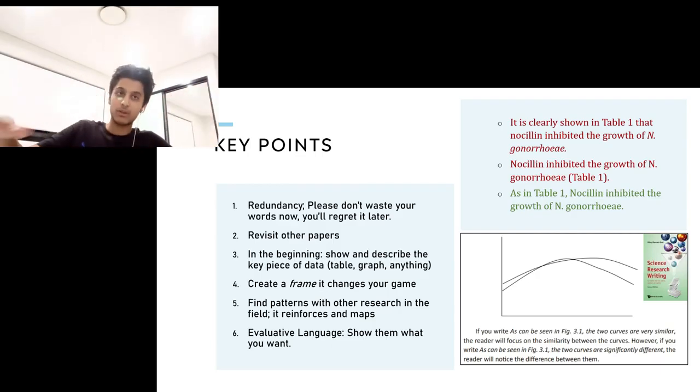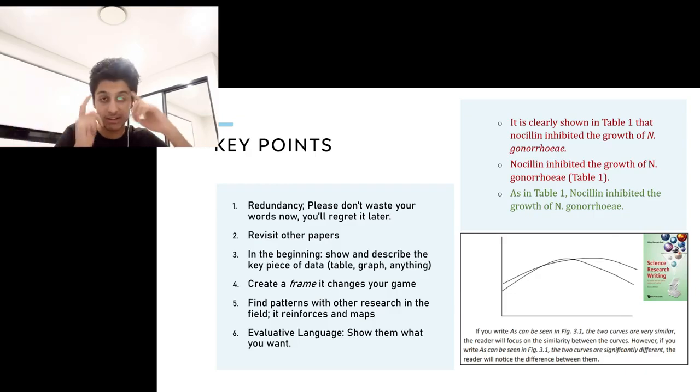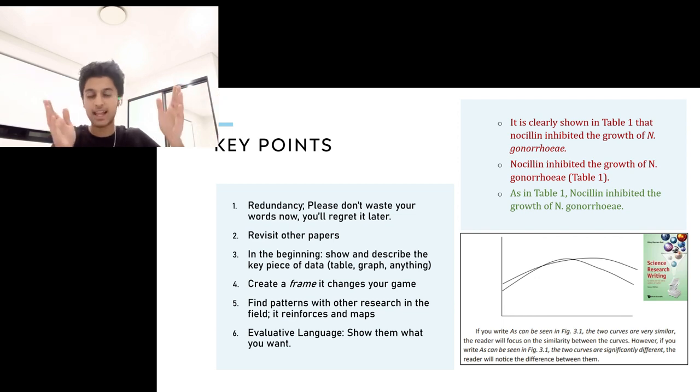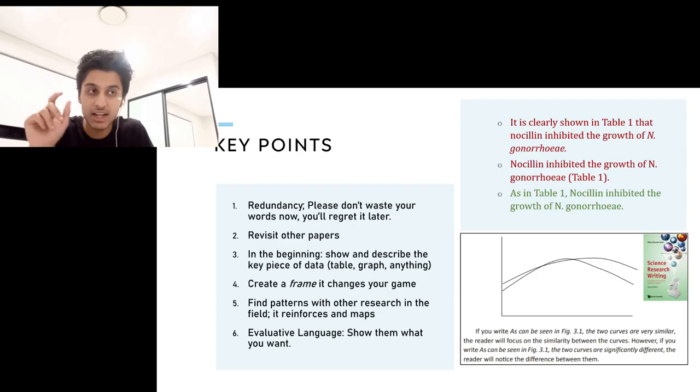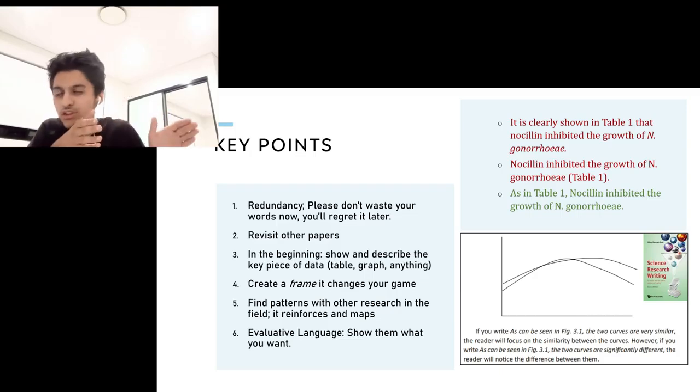Now you want to find patterns with other research in the field. It reinforces your work and allows the reader to place your research on a map. If you can say similar results were achieved by this research, now there's a pattern. Don't make that pattern too specific, like this value was associated with that value with only a 0.05 difference.